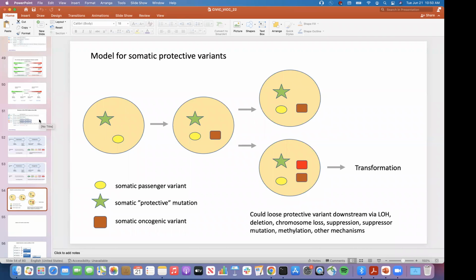Oftentimes, those actually counteract each other and make your response less effective to therapy because you have those additional variants, even though if you would see them alone, it's still sensitive to therapy. But then if you see multiple, then it's less sensitive. So it's an interesting concept where it's lessening the effect of the more pathogenic or oncogenic variant.